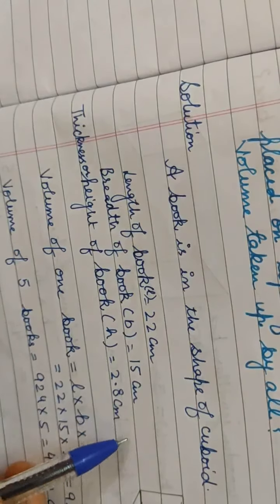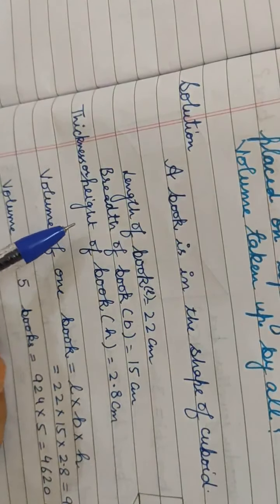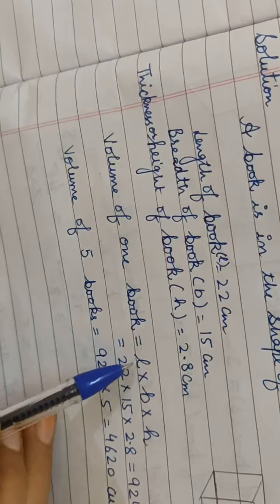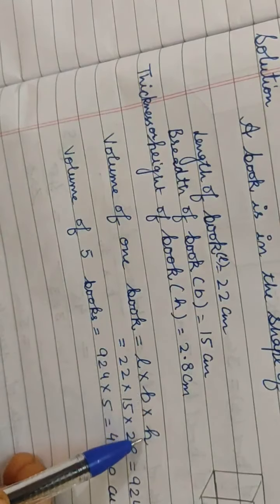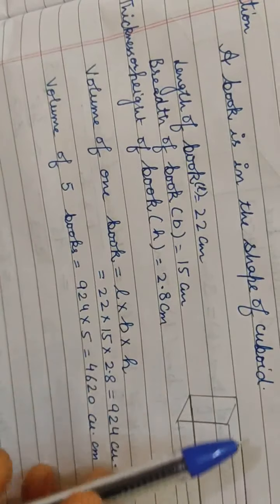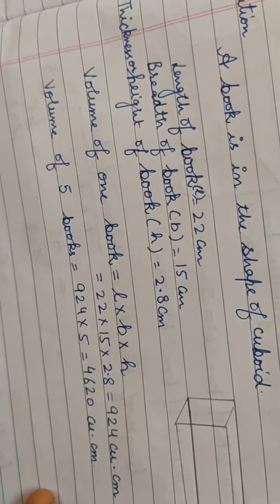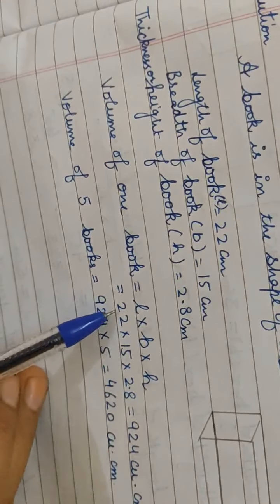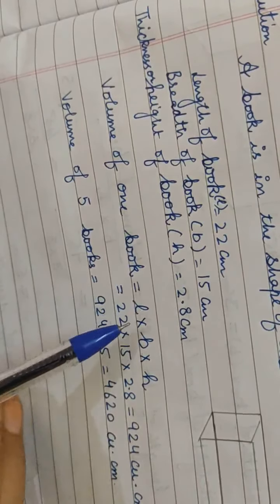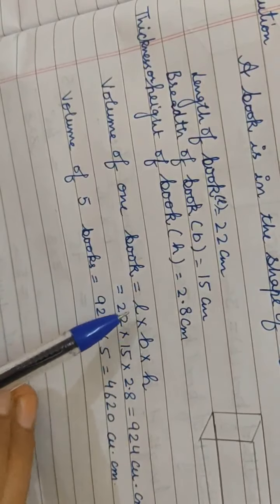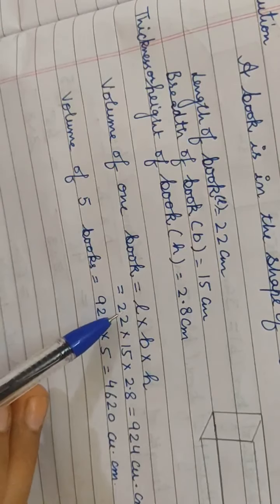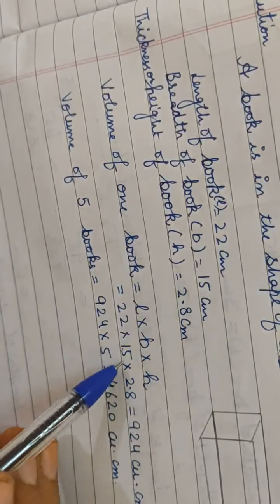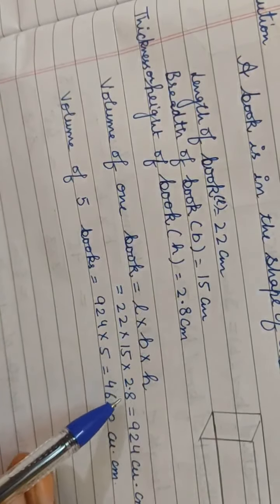So we have to find the volume of one book. Volume of one book will be equal to length into breadth into height, as we all know that the book is in the shape of cuboid. Now when we multiply these numbers, in place of l I have put 22, for breadth 15 and for height 2.8.